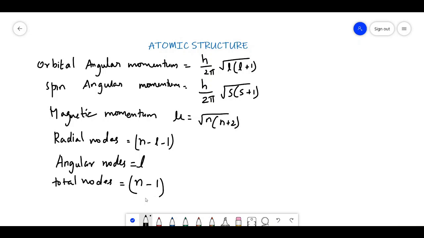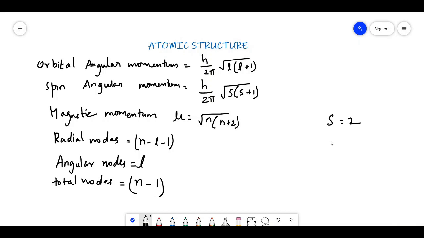And one more point to remember: a small question will be asked, and most students make a mistake. The question is like, he will ask the maximum number of electrons present in an s orbital, or the maximum number of electrons present in a p orbital. Whenever the question asks for the maximum number of electrons in an s orbital, it is equal to 2.